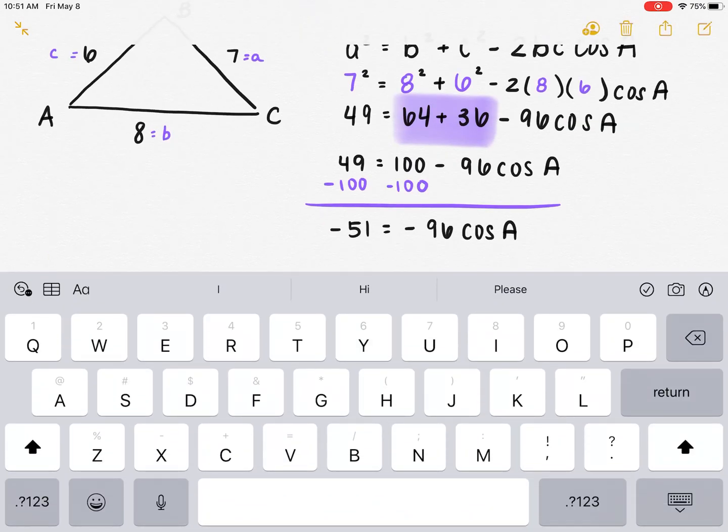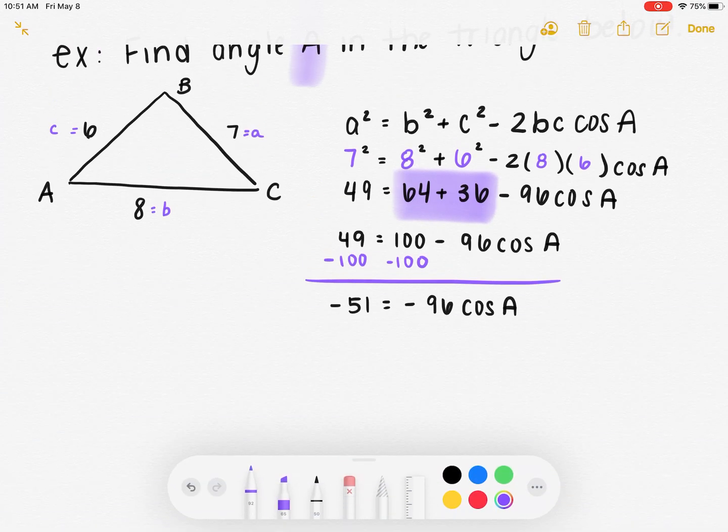I can even at this point, if I want to save time, divide by the negative 96 on both sides.